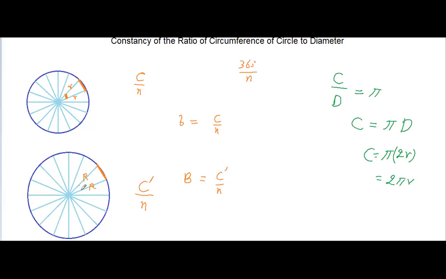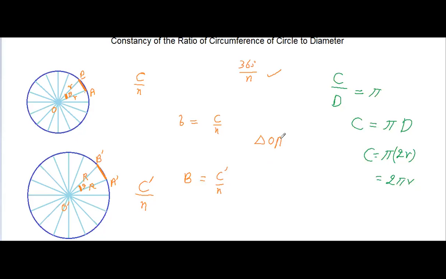But in the same way I have made n equal parts of 360 degrees here also. So here this angle is also the same. Suppose this angle is theta, this angle is also theta. If I name this triangle as OAB and this triangle as O dash A dash B dash, are these two triangles similar?